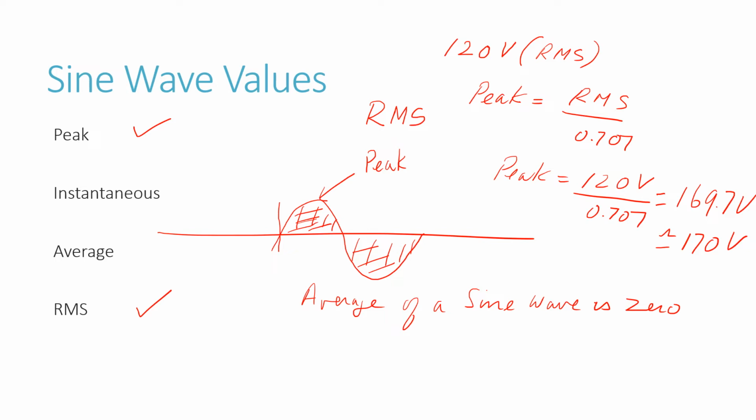Now, we have simply told you how to calculate the relationship between the RMS and the peak. But what is the RMS? To get the RMS, this is what happens. You take these values here, which are positive, that's fine, and you square them, right? And you will get some values that are very large.